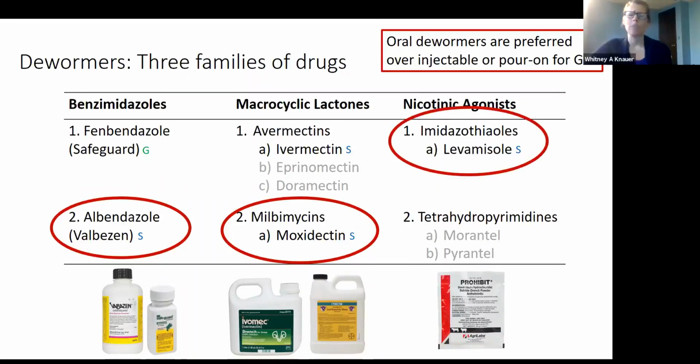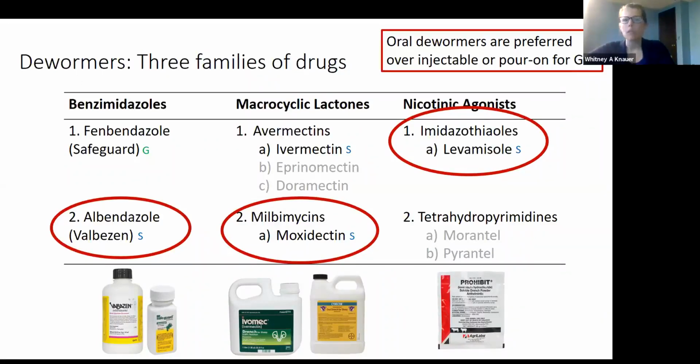And then an important note about levamisole is that dosing it at the appropriate dose is very, very important, because there's a very small margin of safety. If we overdose animals, it can actually be toxic for them. So it's really important to have accurate body weights and accurate dosing information.